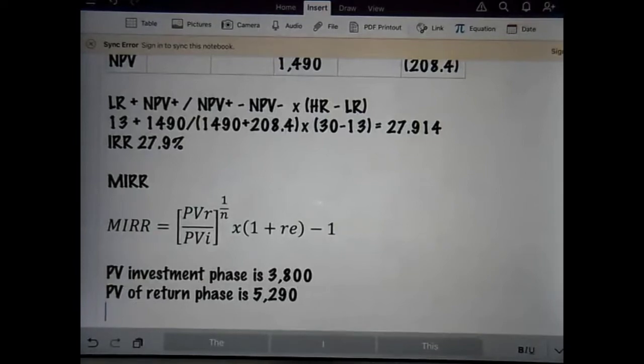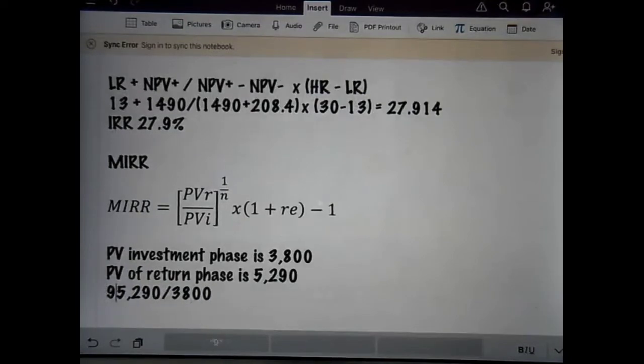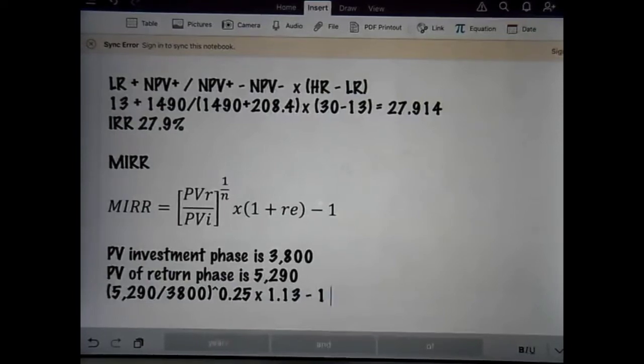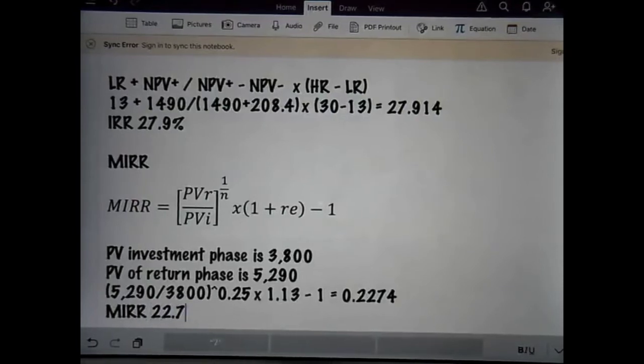It's going to be 5290 divided by 3800, square root 0.25, times 1.13, minus 1 equals. Are we okay? Answer. Okay, done.